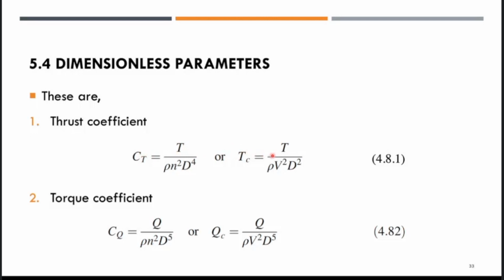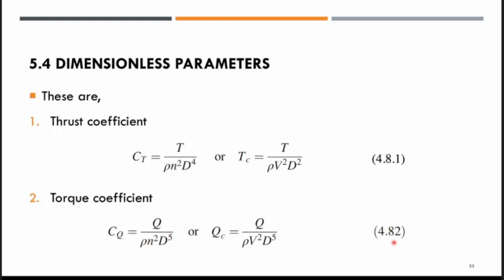Okay, it can be expressed in terms of the thrust itself over the density times n to the power of 2 and diameter to the power of 4. At the same time, we have the torque coefficient. Okay, so CQ, the torque coefficient, equals the torque value itself over rho n squared D to the power of 5. Okay, so that will be equation 481 and equation 482.